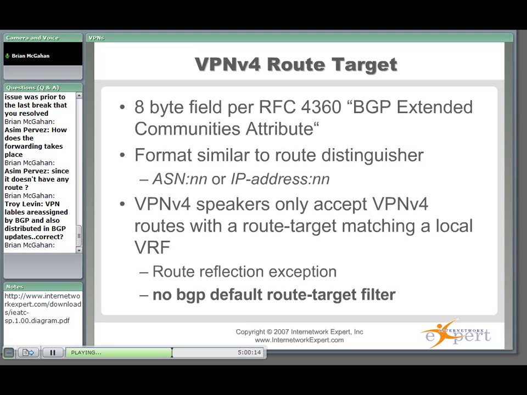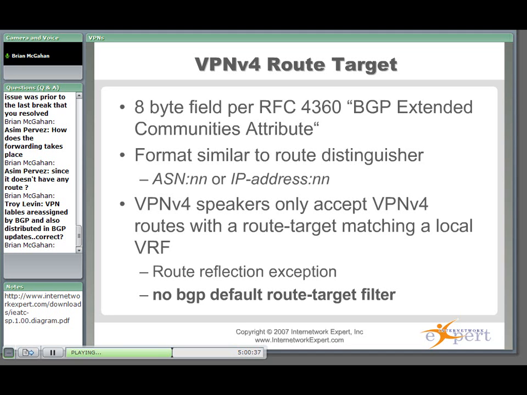Okay, so generally, this value, the route target, is only going to be locally significant to the autonomous system. We are going to look at some situations with inter-AS MPLS VPNs where it can be significant between different providers, but commonly it is only going to be locally significant within an individual service provider.